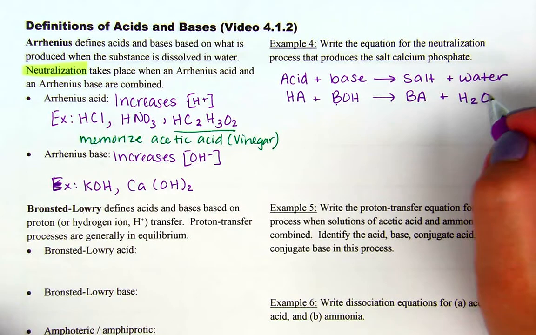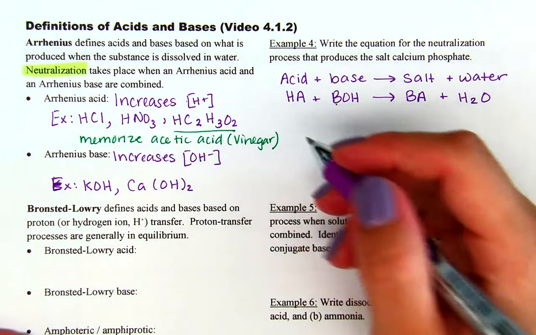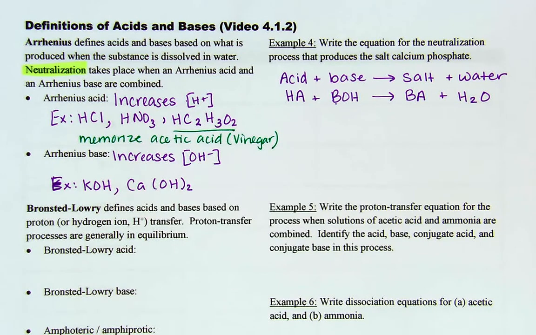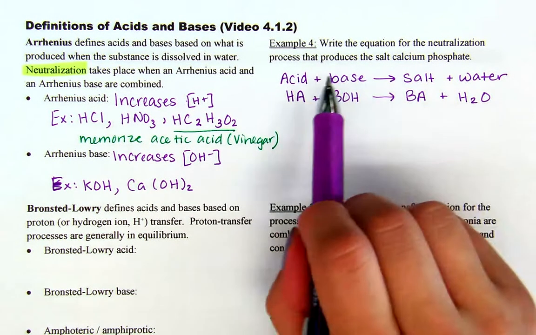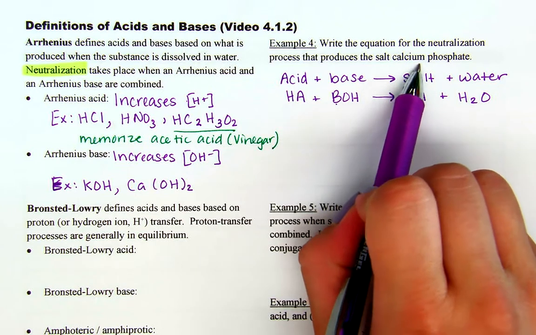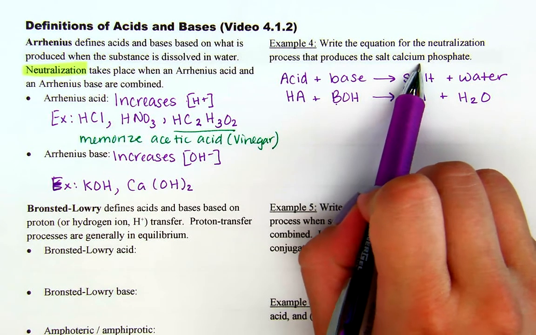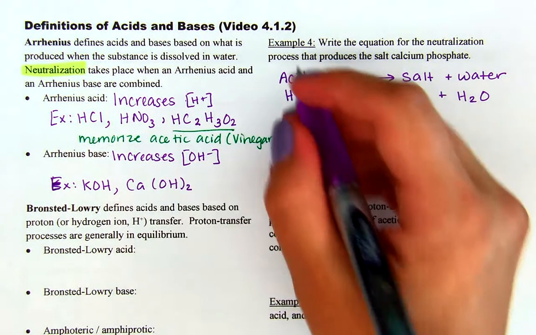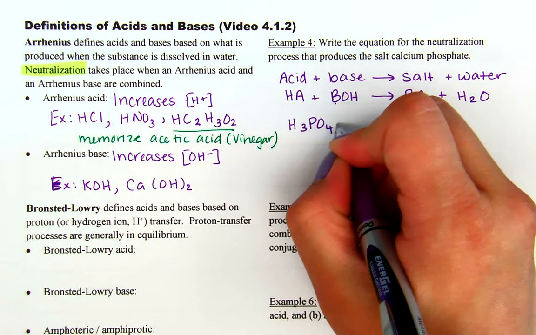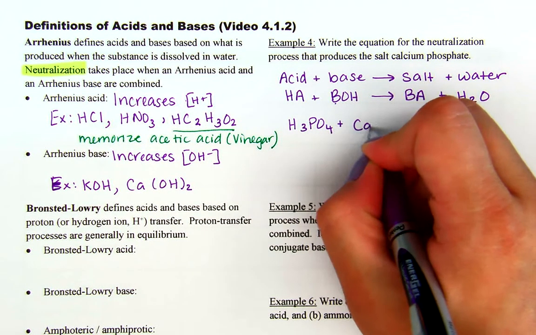That's water. Okay, so for my reaction, I'm going to choose phosphoric acid and calcium hydroxide because I want my phosphate to come from my phosphoric acid and my calcium to come from my calcium hydroxide. Of course, you can choose any two that have calcium and phosphate. So here's my phosphoric acid, H3PO4, plus my calcium hydroxide.